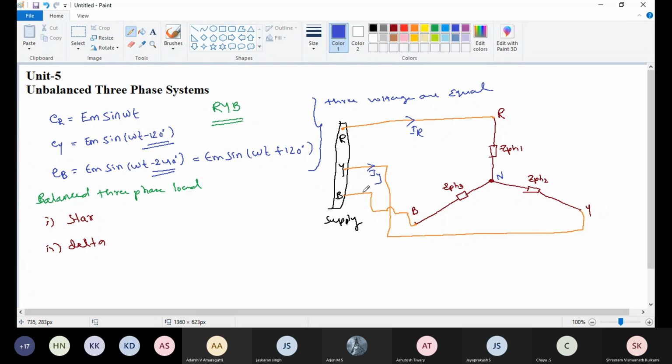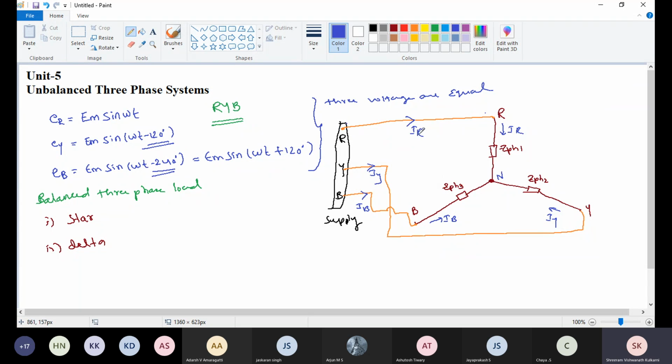Here the same current flows in the phases. The line current IR is flowing, and in phase 1, that is R to N, the same current is flowing. Same here, IY is flowing in the line as well as the phase. Then IB flows here as well.